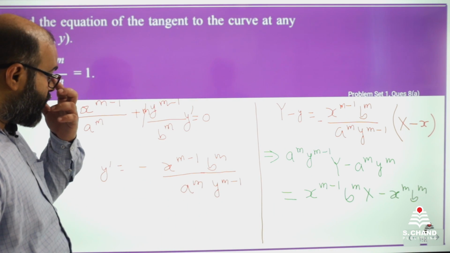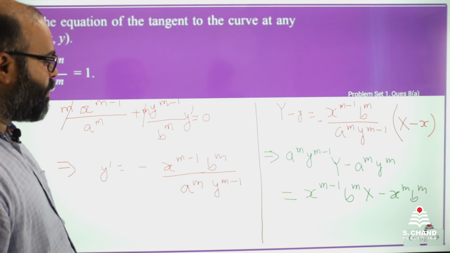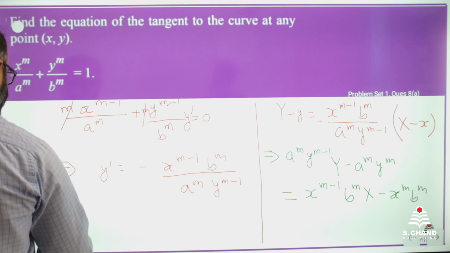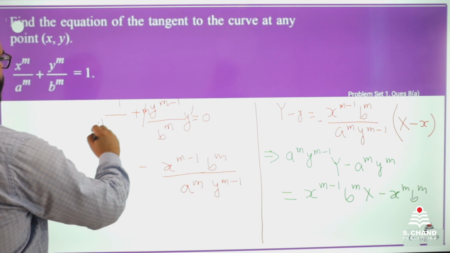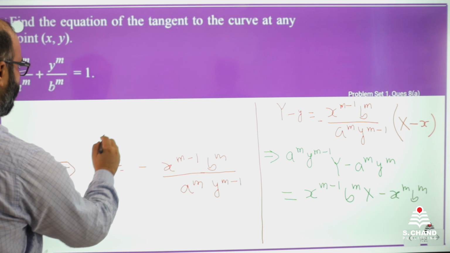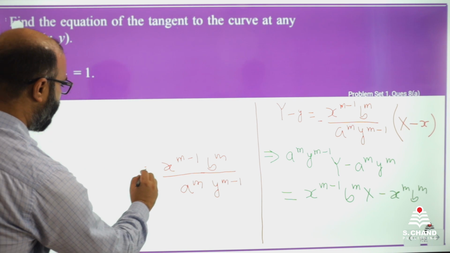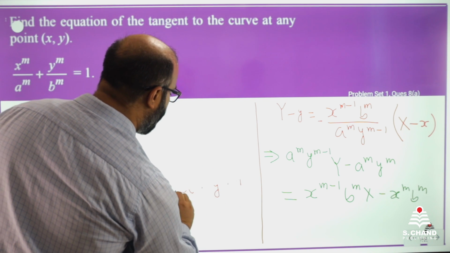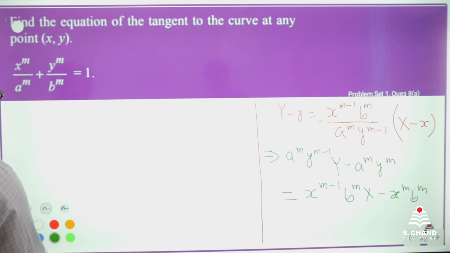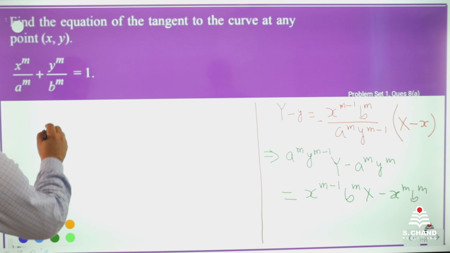Now after doing this, we divide by a to the power m into b to the power m. So the next step would be, when we erase this portion which we have already used, now it is only simplification which we are doing, no more substitution is required. But you have to keep in mind what is the original equation, because it may be used.